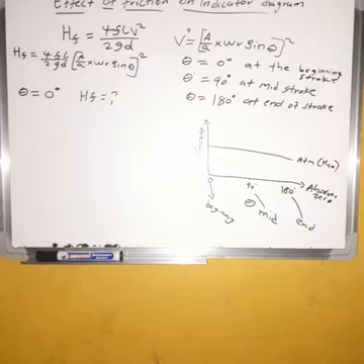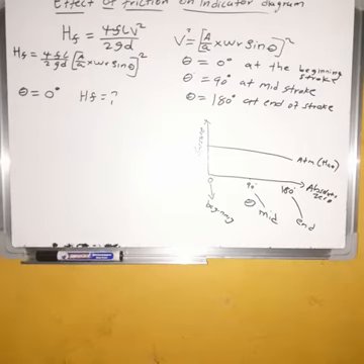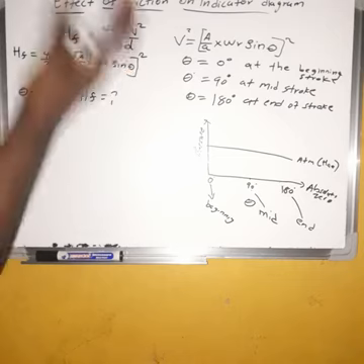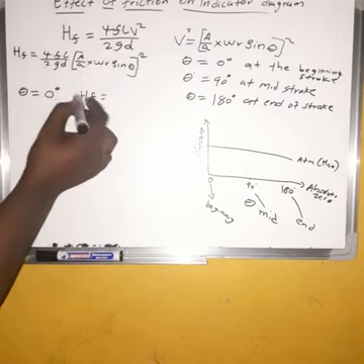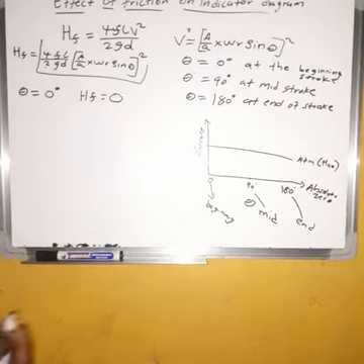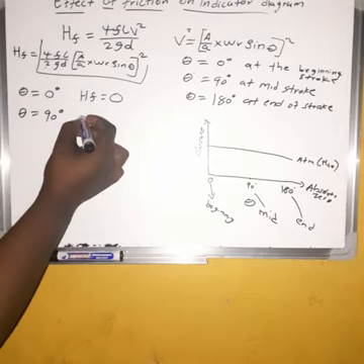Remember, sine 0 is 0. If we put 0 here, when you multiply by 0 this whole thing will become 0.